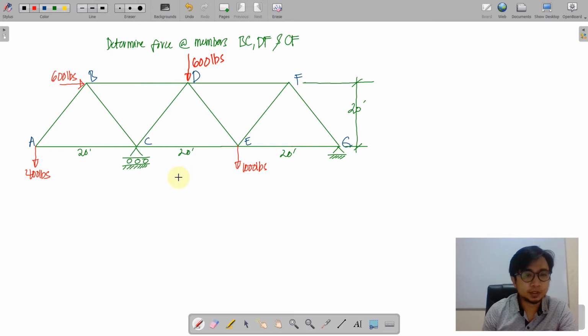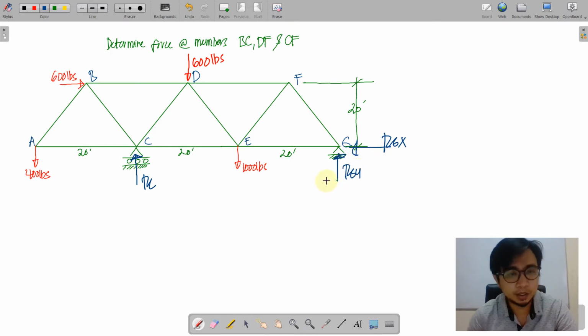Of course, the first step before we are going to have the section, let us consider solving the reactions. We have here a vertical RC because this is just a roller, a horizontal reaction at G along X, RGX, and its corresponding Y reaction at G. Obviously, this is 600.